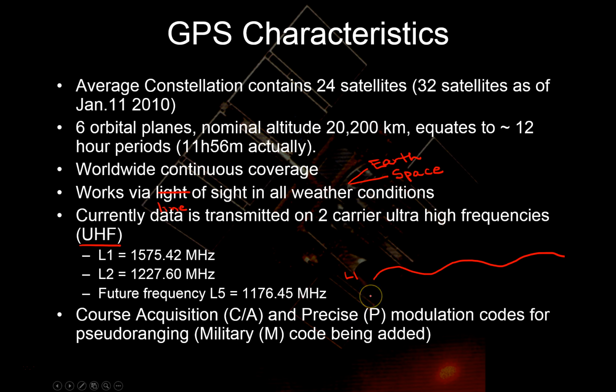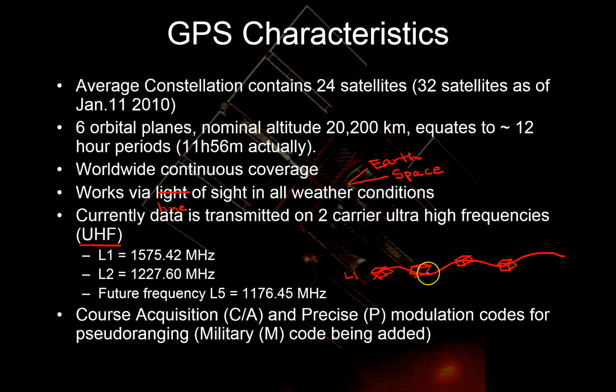For some high precision applications, the carrier frequency is very important. But we can think of there being pieces of information, data, ones and zeros, binary information that's added. You can think of them as little packets, little boxes, and inside this little box there is information that we would like, you know, the number 5, the number -109. Now there's different types of data that are modulated onto our carrier frequency.